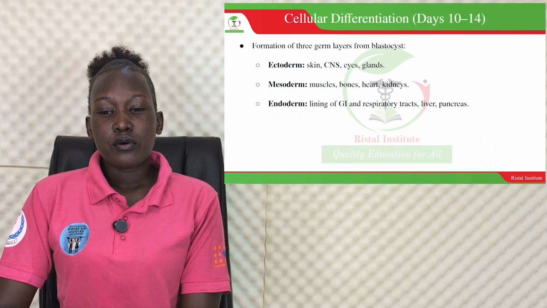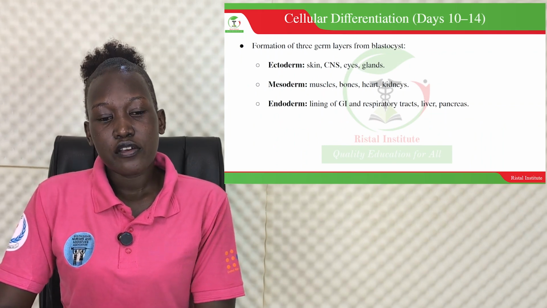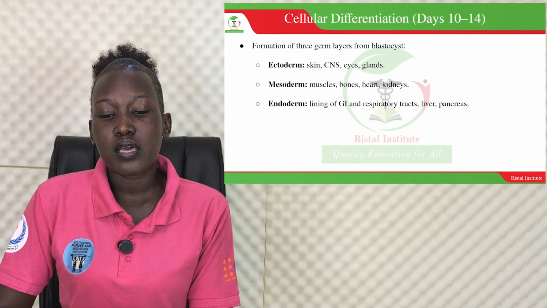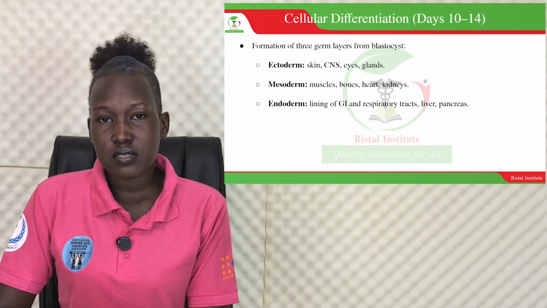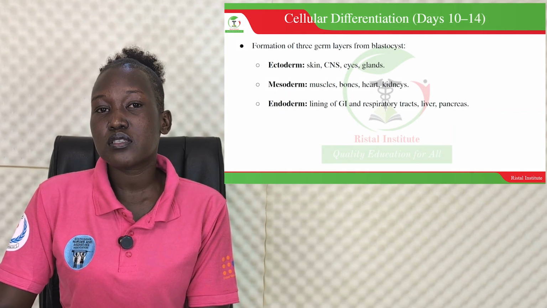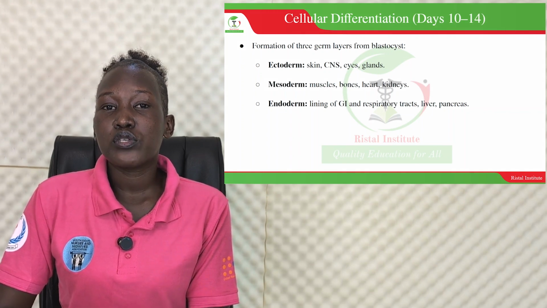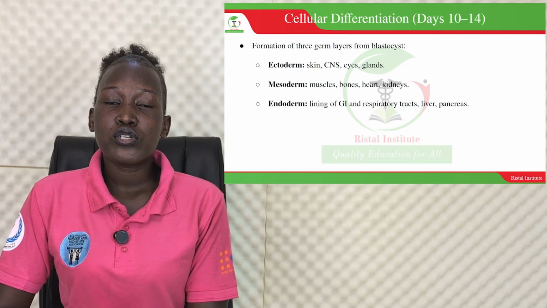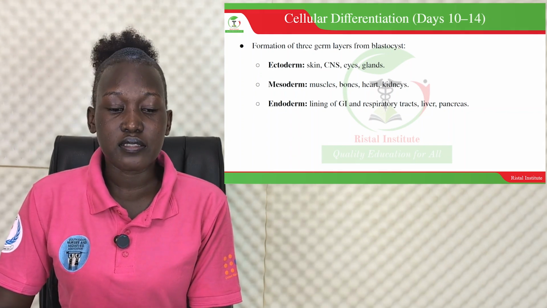Then from day 10 to day 14, we have formation of germ cell layers of the blastocyst. We still remember the blastocyst is a ball which has 58 cells inside.